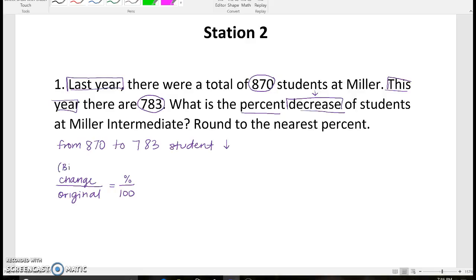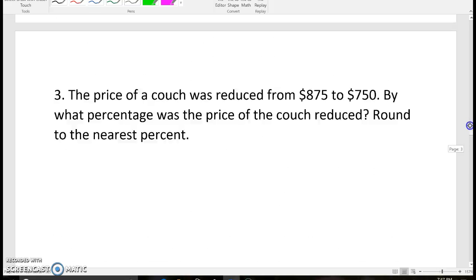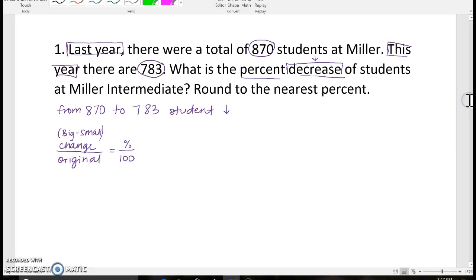We're going to take our big number minus our small number. Okay. So, sorry, my thing moved on me. So you guys go ahead and solve number 1. And you should be inputting your answers in the puzzle piece on Schoology when you're finished.